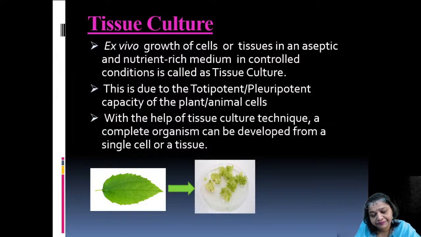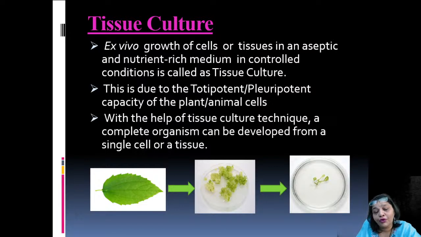These cells just multiply and grow into what are called callus. Now these calluses can be separated and inoculated in different petri plates or bottles, or even conical flasks with nutrient-rich agar medium that is provided with growth hormones.